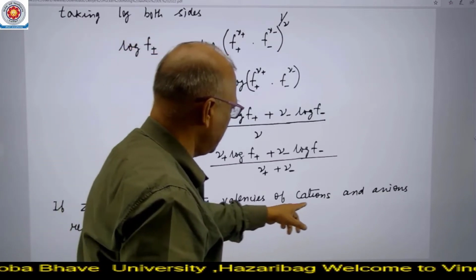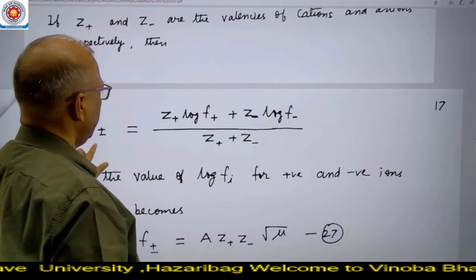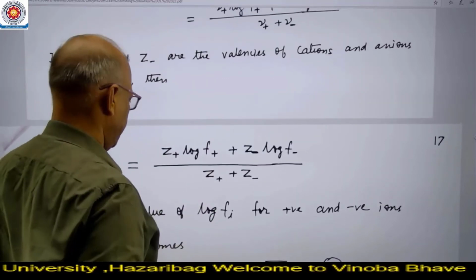If Z plus and Z minus are the valencies of the cations and anions respectively, then this mean activity coefficient will be equal to this one.